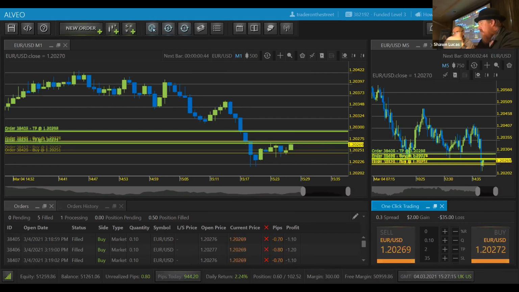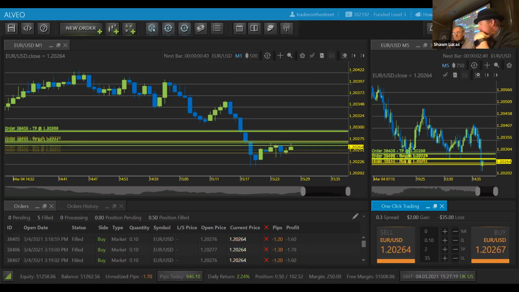Okay, so now we're going to do the same thing on the high side. Hitting a little bit of a resistance, popping back down.